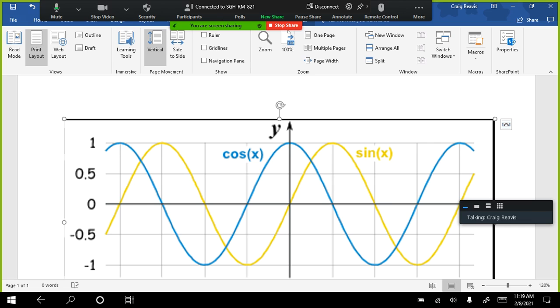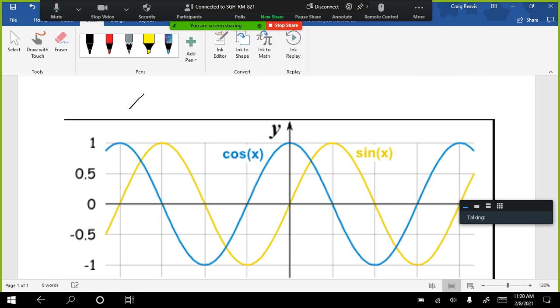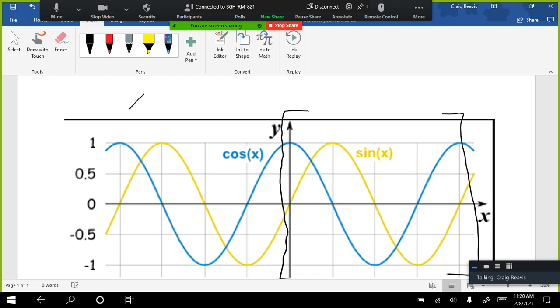Here are our sine and our cosine functions side by side. What we're really focused on right now is from here to here. All right. And that is a period.